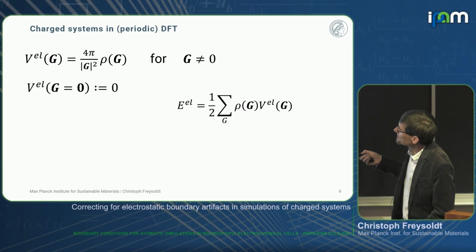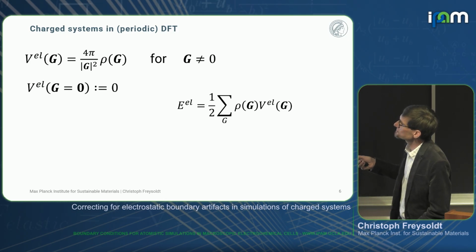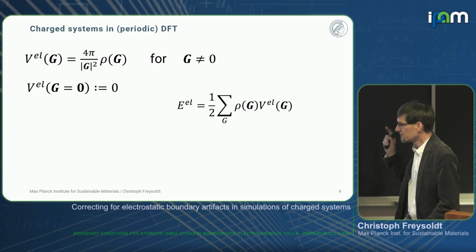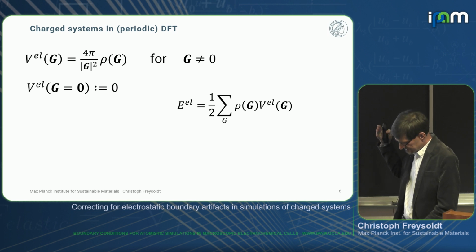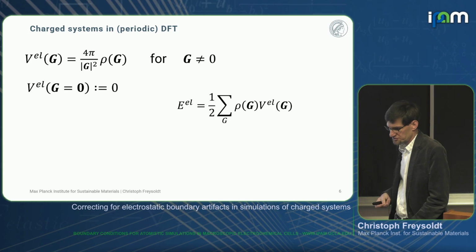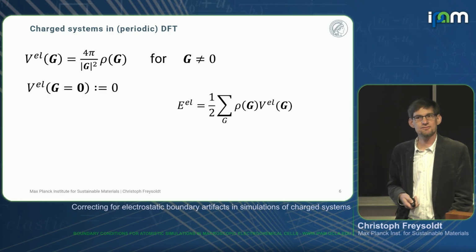Of course, this only works if G is not 0, because if G is 0, this clearly is ill-defined. So what is done in practice is that we just set the average electrostatic potential to 0. That's our boundary condition. So when we say we have charged systems in DFT, it basically means that our boundary conditions are periodic boundary conditions for everything but the average electrostatic potential, and the average electrostatic potential, by definition, is set to 0.